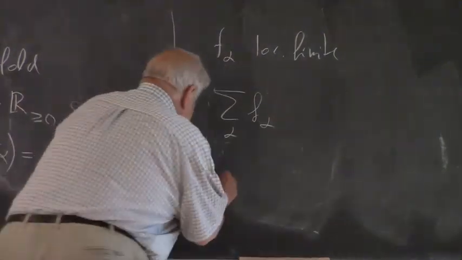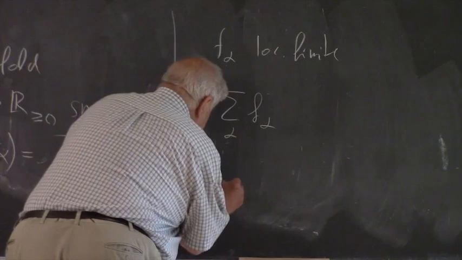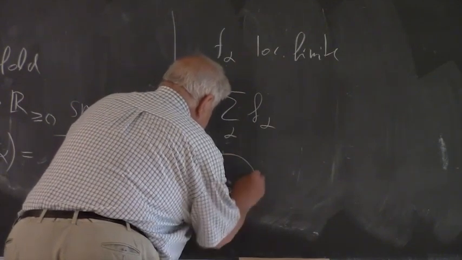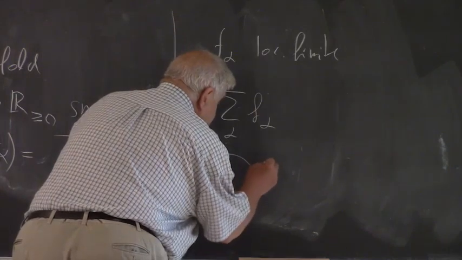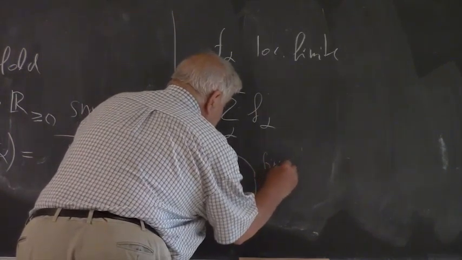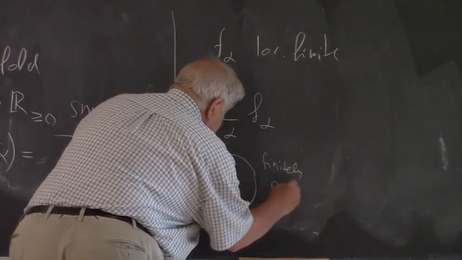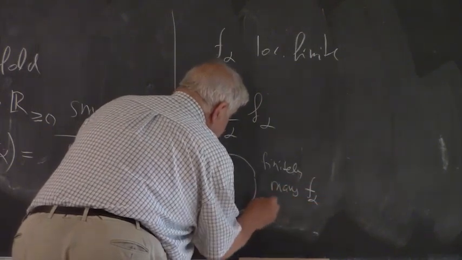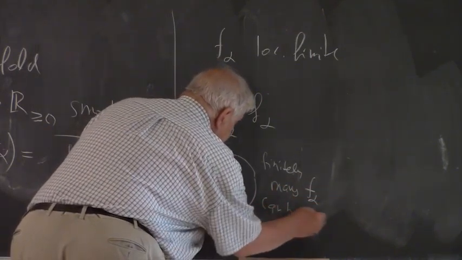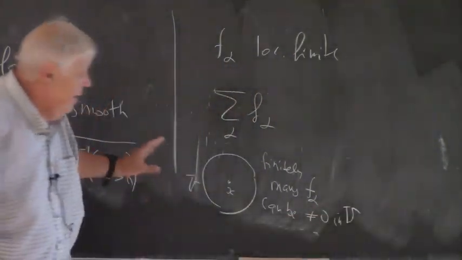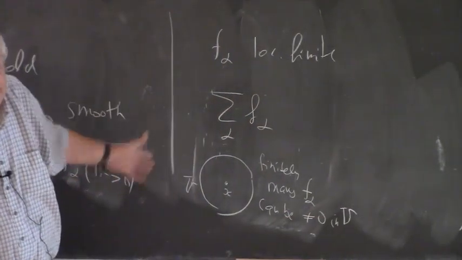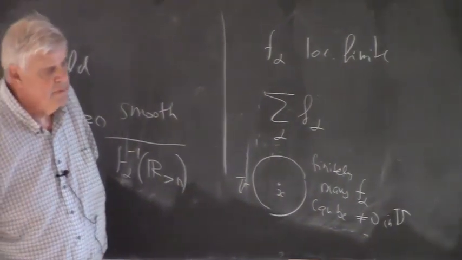For every point x in X, there is a neighborhood U so that only finitely many functions can be non-zero in U. So my sum in U is a finite sum of smooth functions.